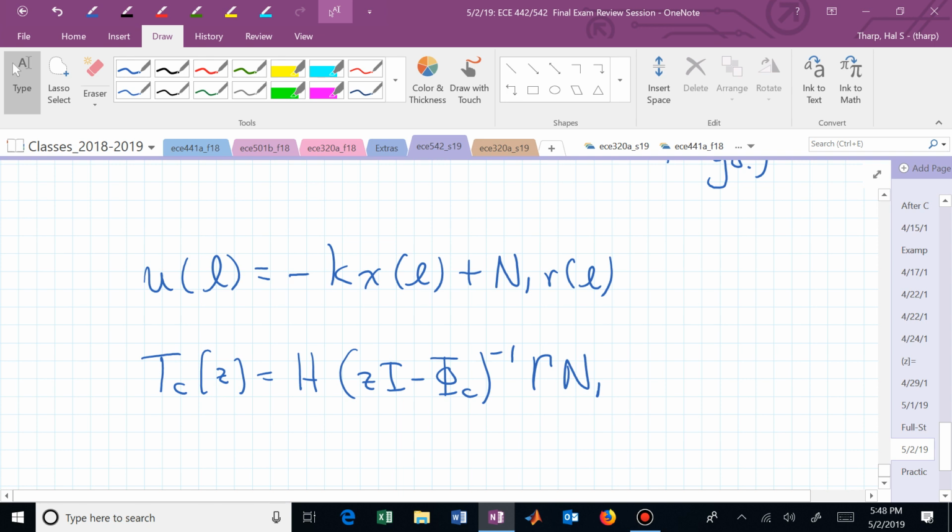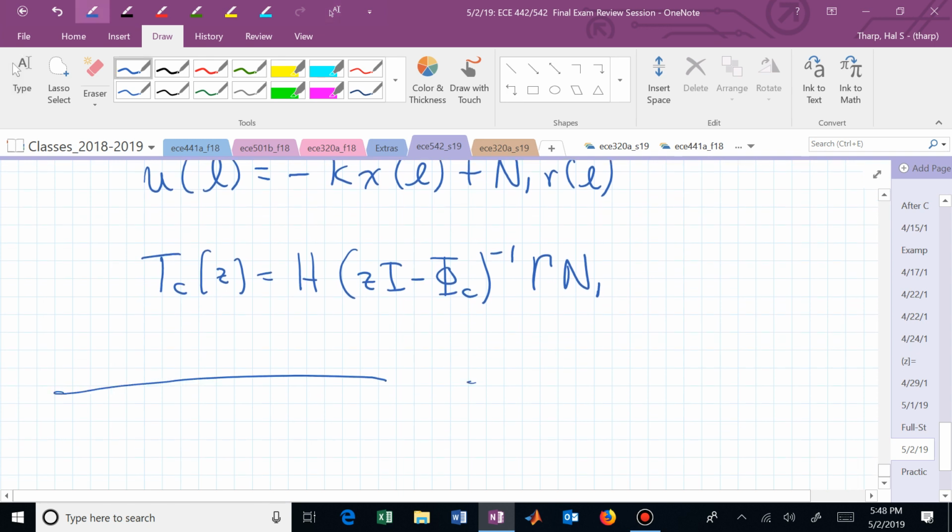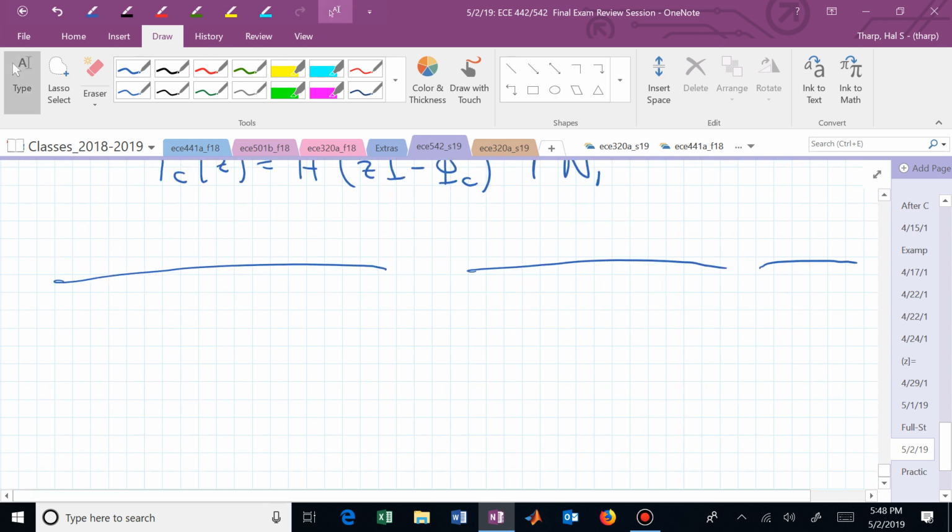So when you design with a Ragazzini approach, that's going to allow your controller not to cancel unstable zeros that are complex conjugate or unstable poles that are complex conjugates by satisfying restriction 2 or restriction 3. And that's the point of those restrictions, to try to prevent your controller from canceling something outside the unit circle. But we know we can place poles and zeros outside the unit circle. We just can't have those placed on top of poles or zeros.